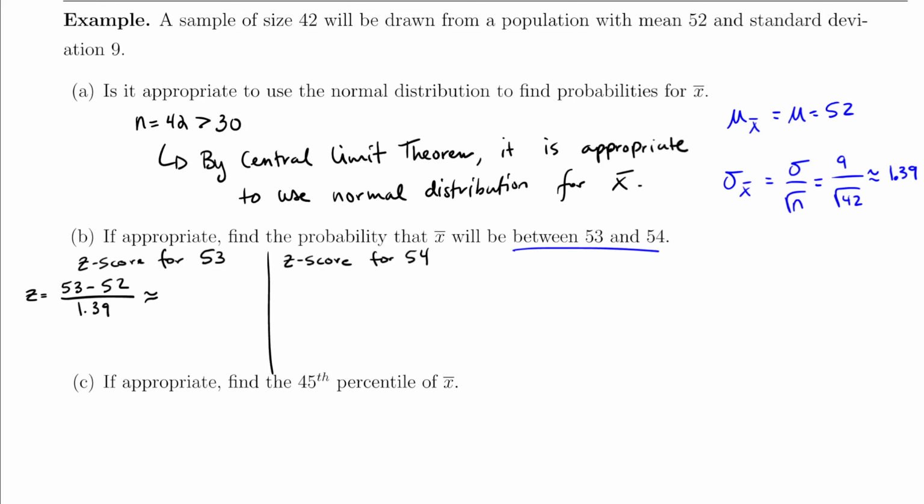So we see it's our value 53 minus 52 divided by 1.39. We'll round to 2 decimal places, and we'll get about 0.72 when we calculate this. Now let's find the z-score for 54. When we type this into the calculator and round to 2 decimal places, we get 1.44. And now that I have the z-scores, I can reference the chart for each of these z-scores and find the probability that we lie before that.